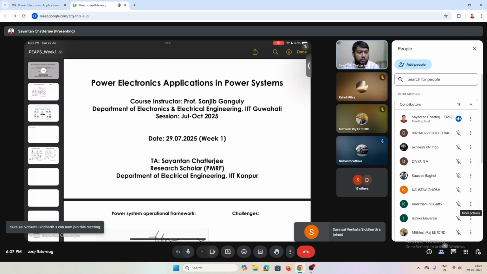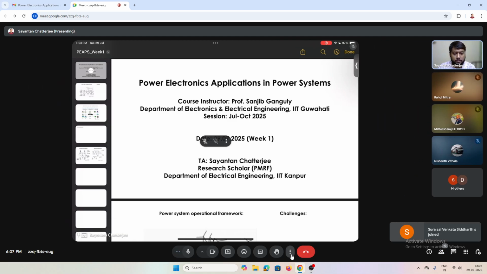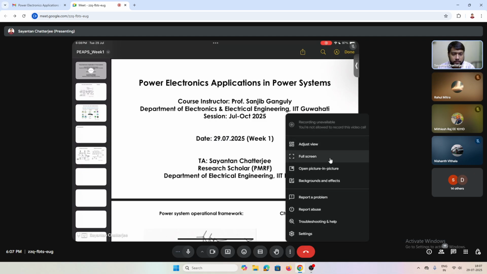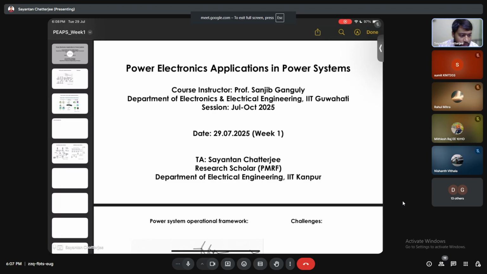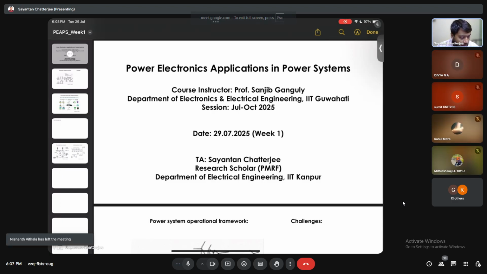The entire aim of integrating, mostly now we see the renewables are getting integrated day by day, right? And with that, we also have the aim of integrating the electric vehicles.